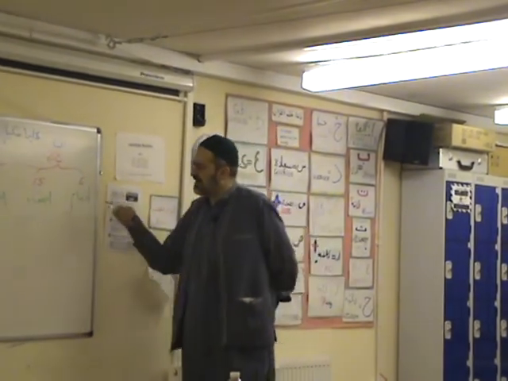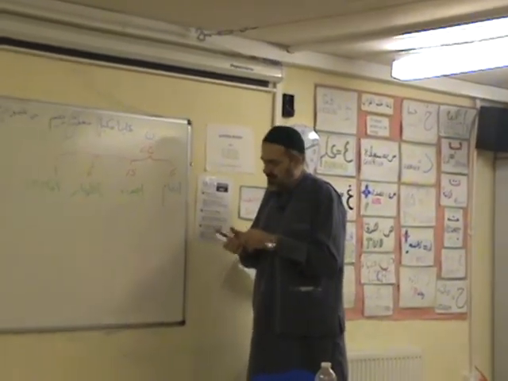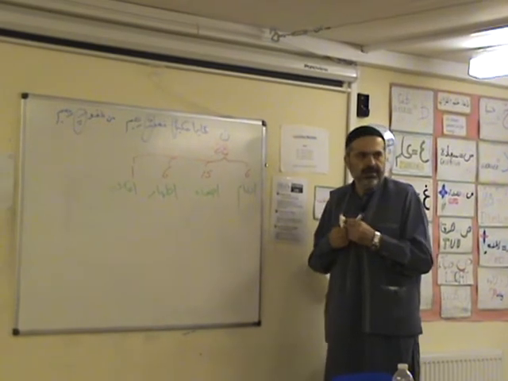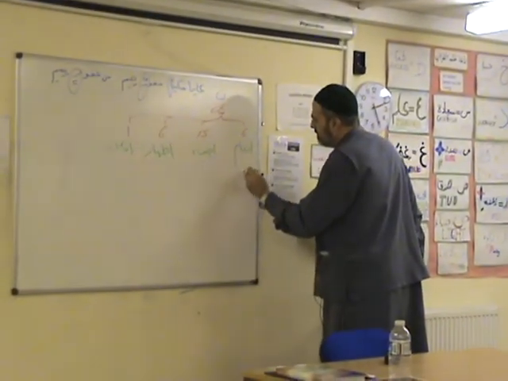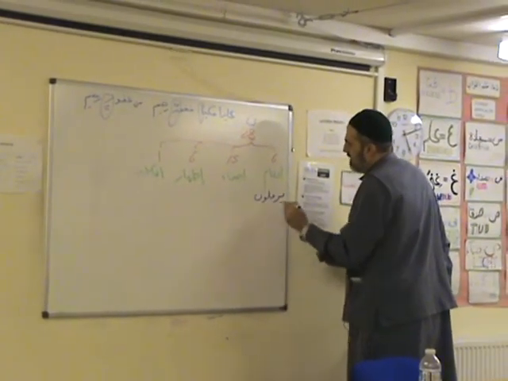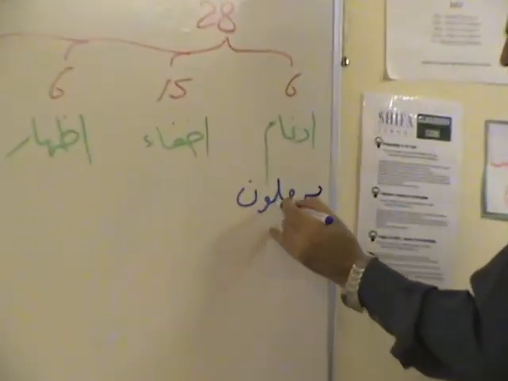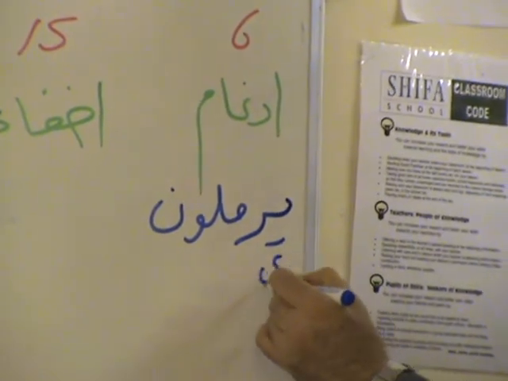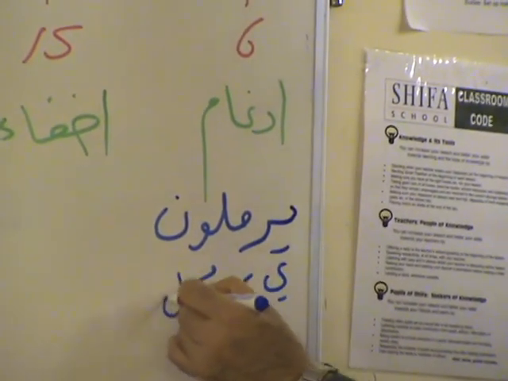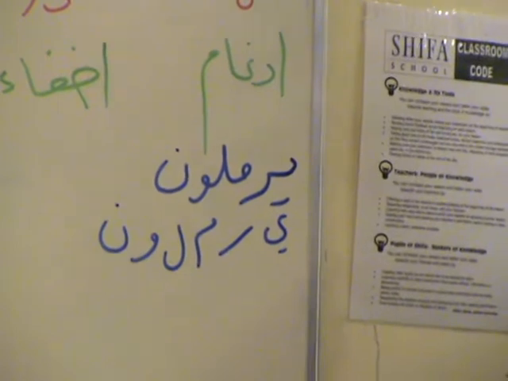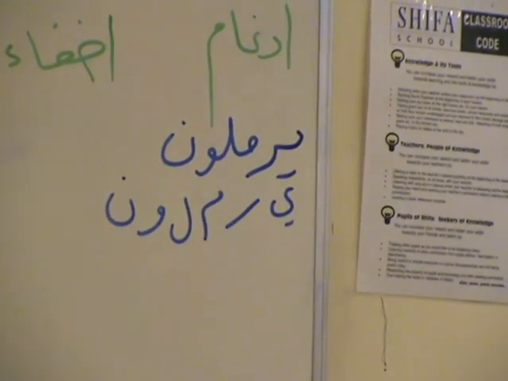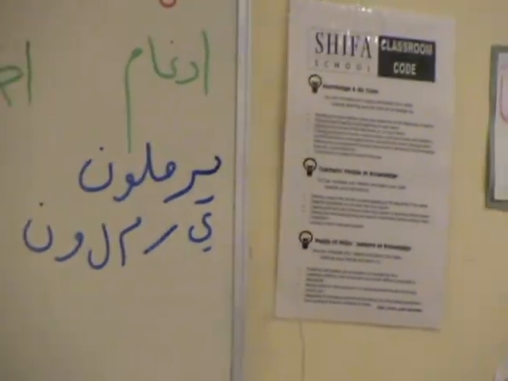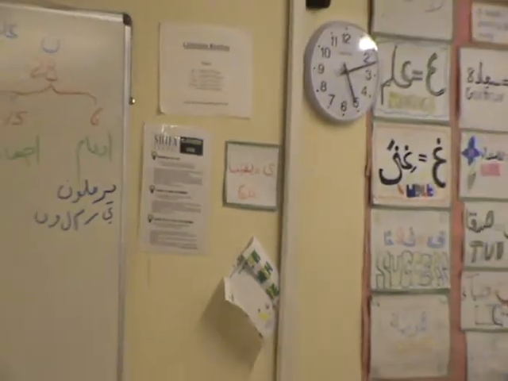Here we have 6 letters. You may combine them in one word: yarmalun. These are 1, 2, 3, 4, 5, 6: ya, ra, mim, lam, waw, nun. These are the 6 letters that whenever they come after the noon, the noon is gone completely.